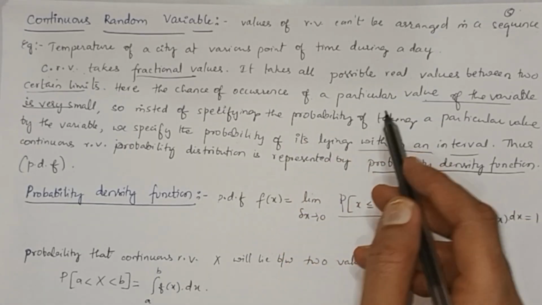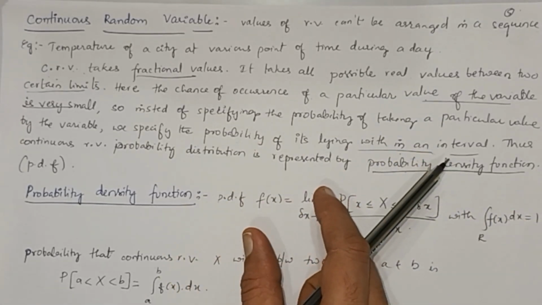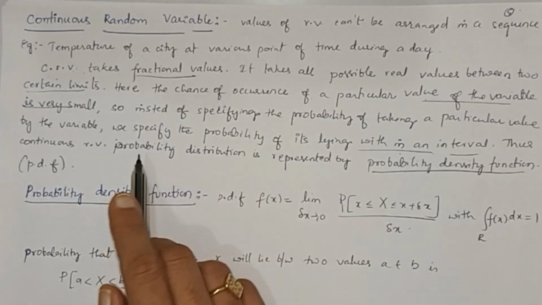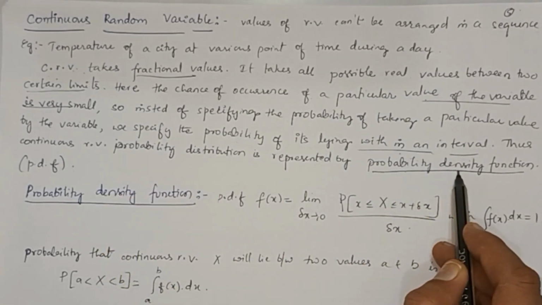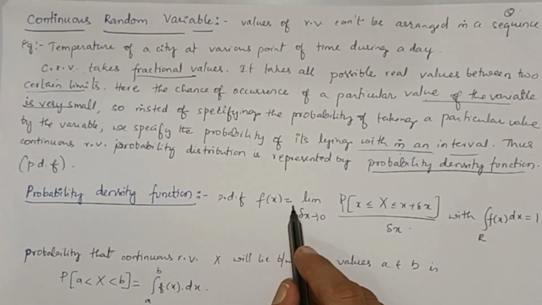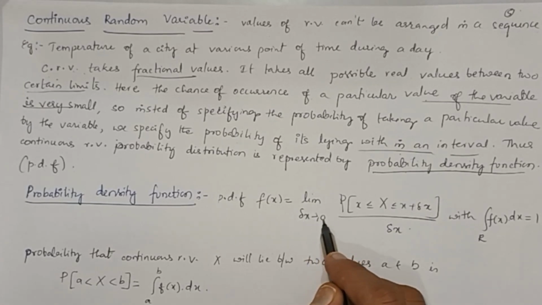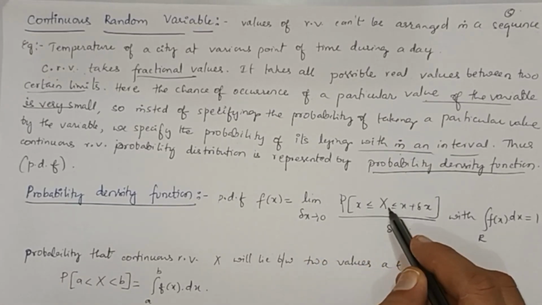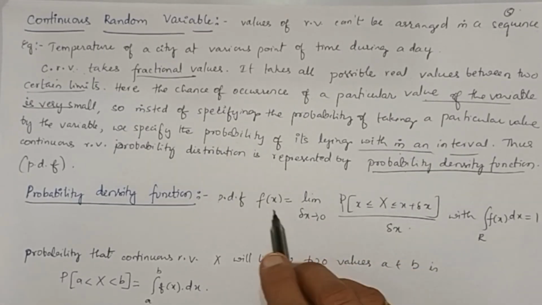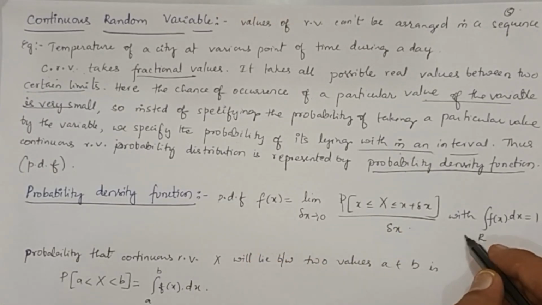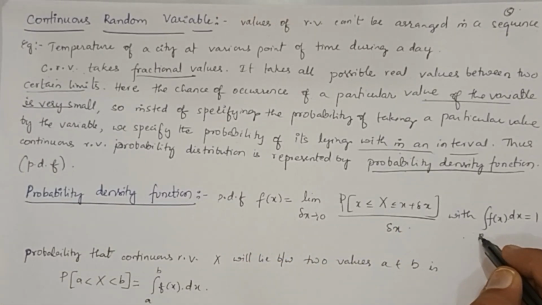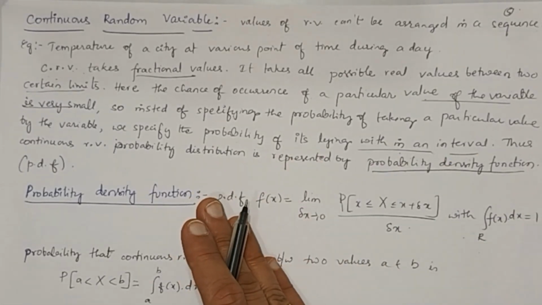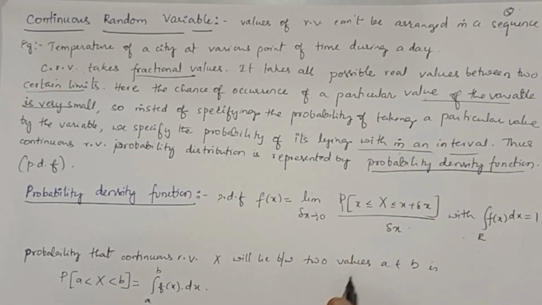So instead of that, we are finding within a given range, within a given interval. So that's why here it is probability density. So probability density function is defined as limit delta x tends to 0 of P, this is the mathematical definition of probability density function. The condition for probability density function, same as the previous one, sum of all probabilities must be equal to 1.